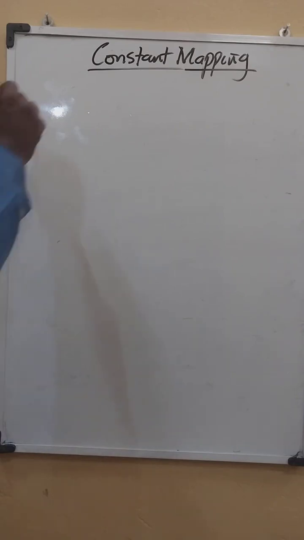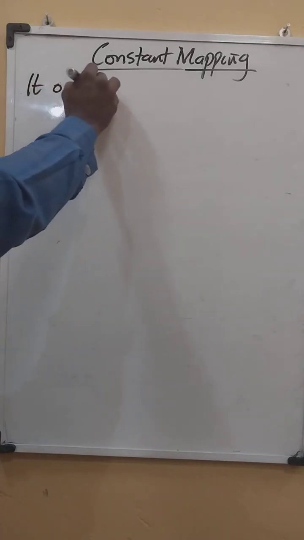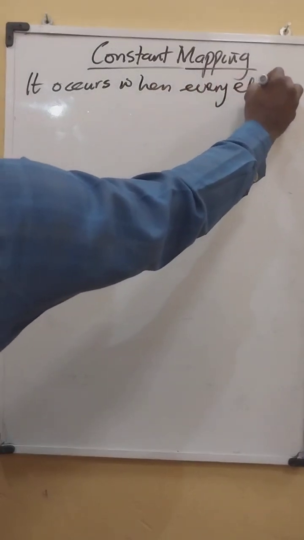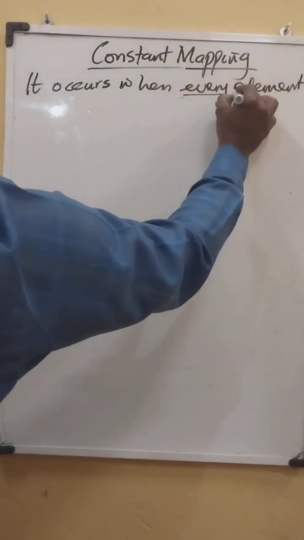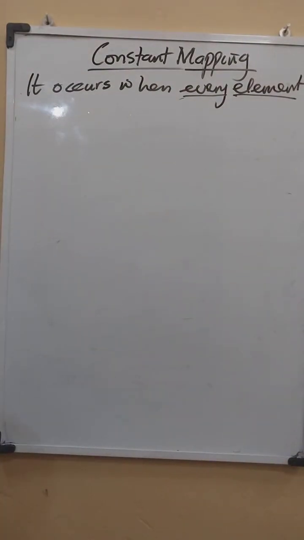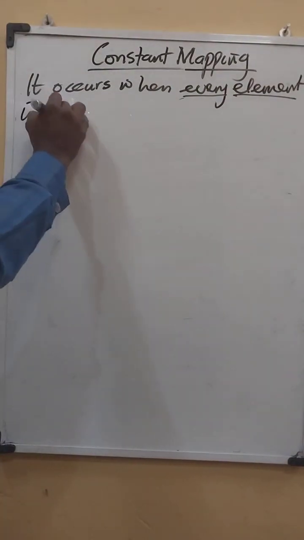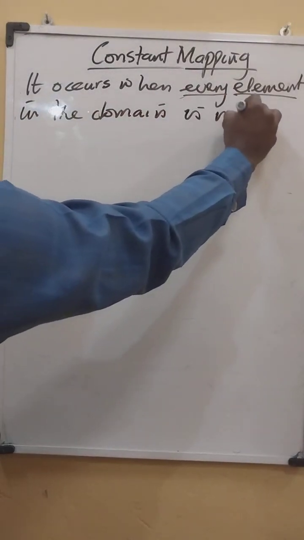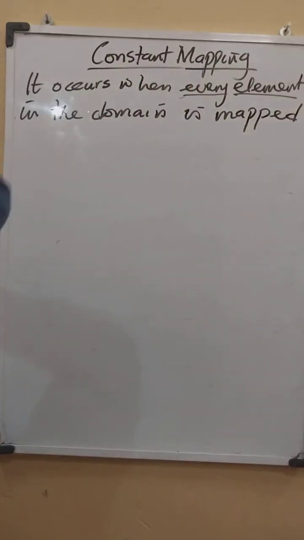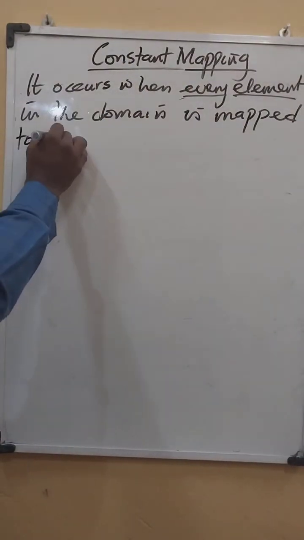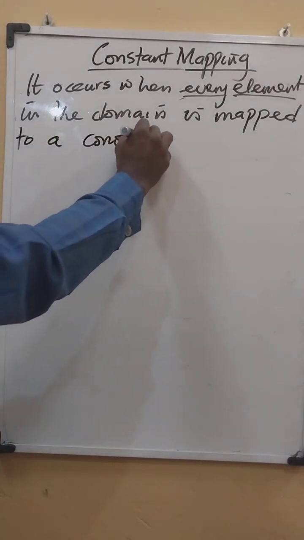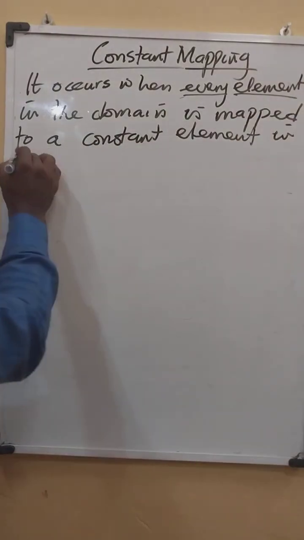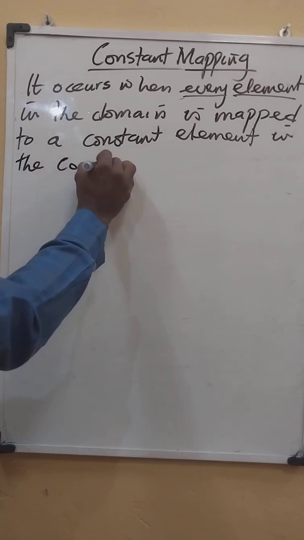So let me write that out. It occurs when every element, take note of the word every element, like I always do, every element in the domain is mapped to a constant element in the codomain.